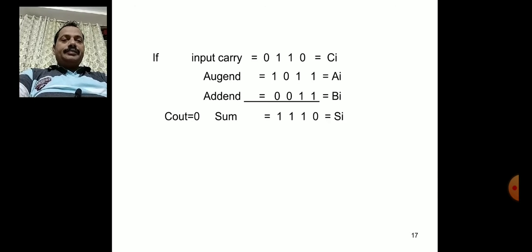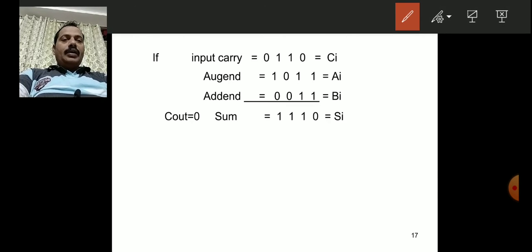That means 1 plus 1 is 1 0, 1 plus 1 plus 1 is 1 1, and 1 plus 0 plus 0 is 1 and carry is 0. 0 plus 1 plus 0 is 1.